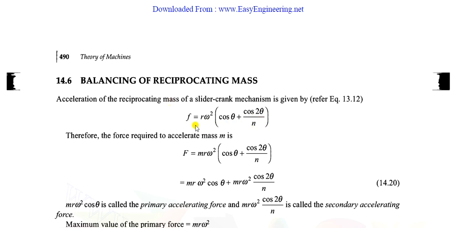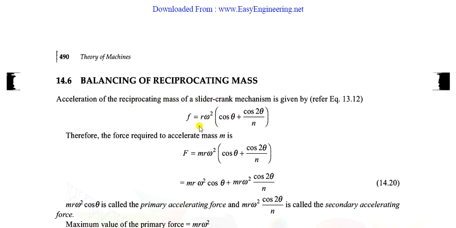Please go and recheck it. We derived the piston displacement first, then velocity, and then acceleration, that too the reciprocating acceleration. So this was the acceleration of the piston, or a reciprocating mass.